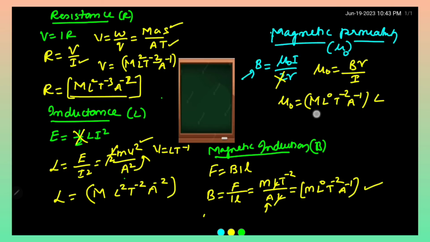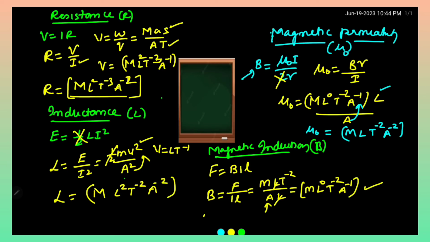Again R means L. Again here A is there. So mu naught is equal to M, here one L is there, so L T power minus 2. Here one more A is there, that goes to numerator, becoming A power minus 2.